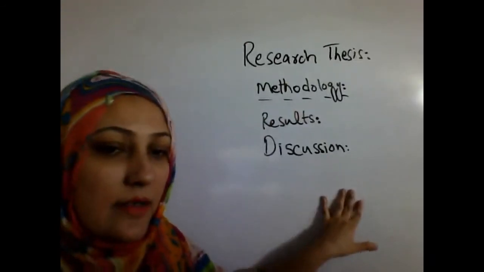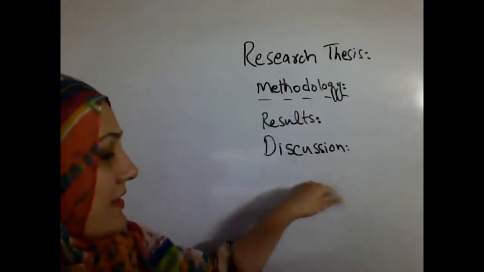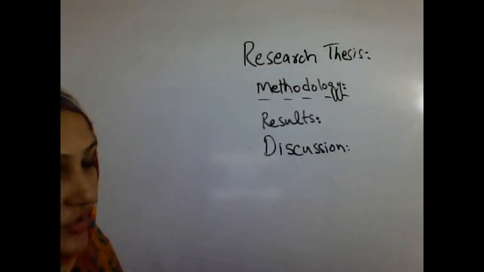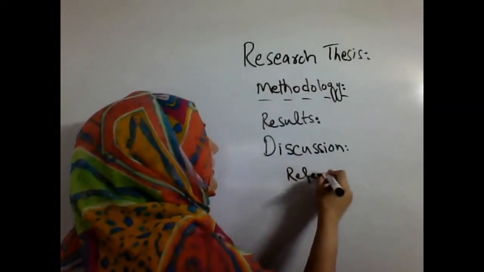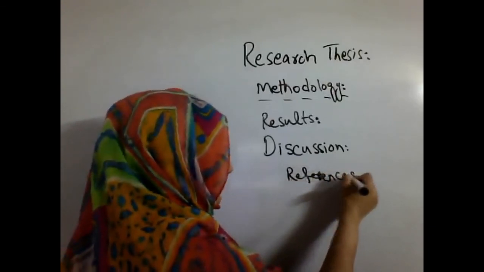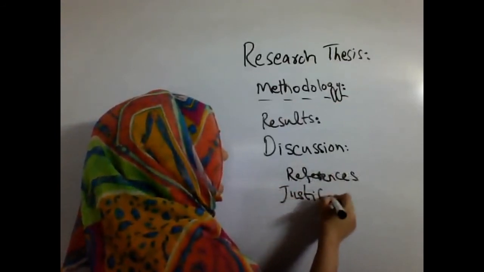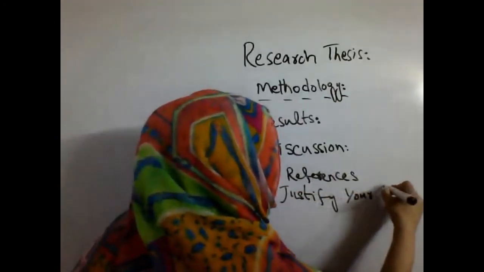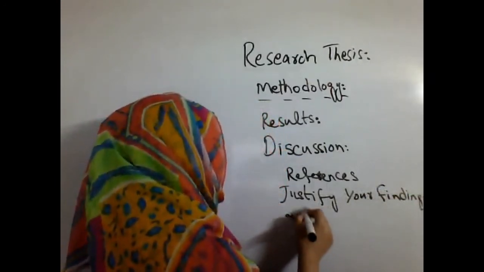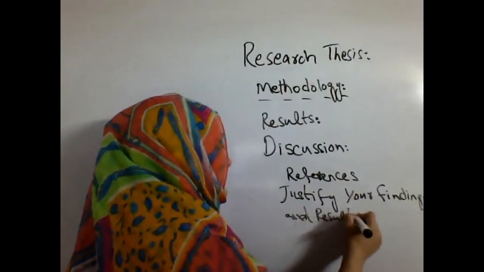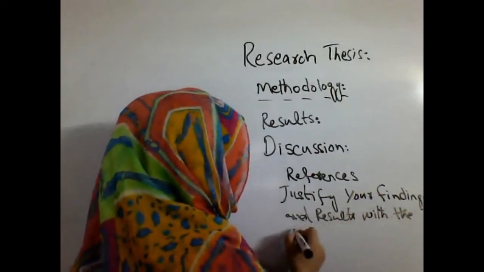Your findings are justified by comparison with the other results and the justifications of their findings. So it must contain references, and justify your findings and results with the literature.